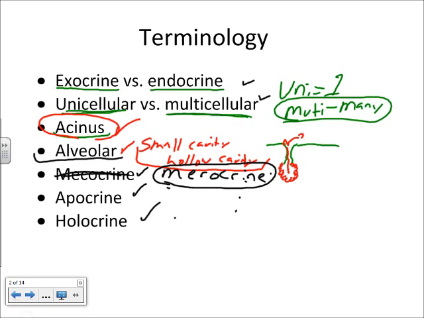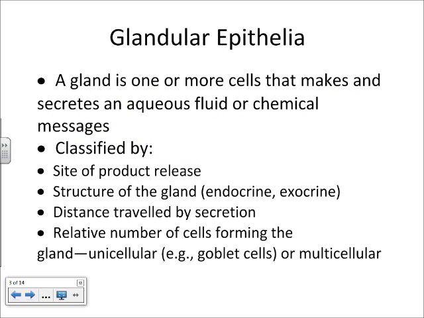Now let's take a look at some characteristics about glands that you have to understand. A gland is a structure composed of one or more cells, remember, either unicellular or multicellular, that make and produce fluids or chemical messages.